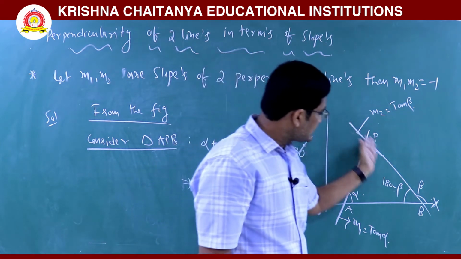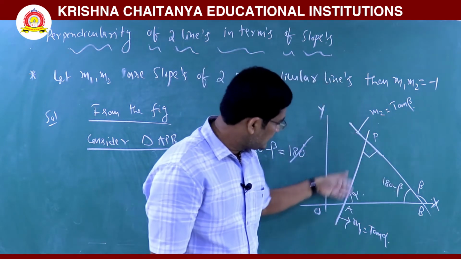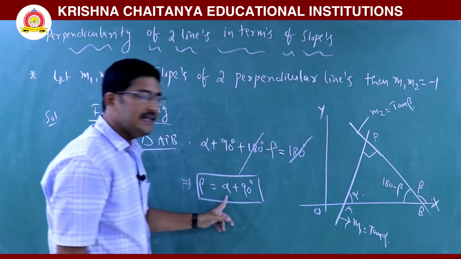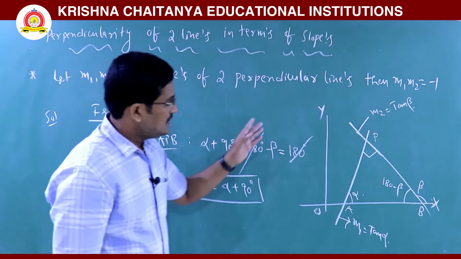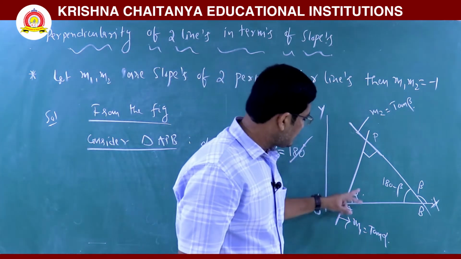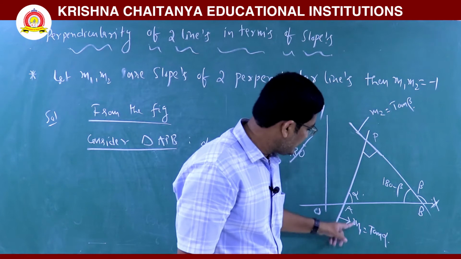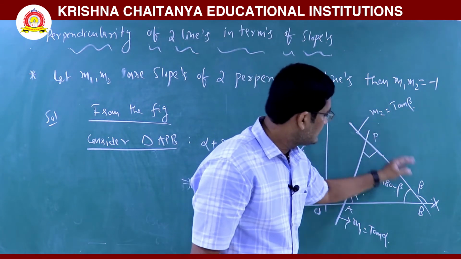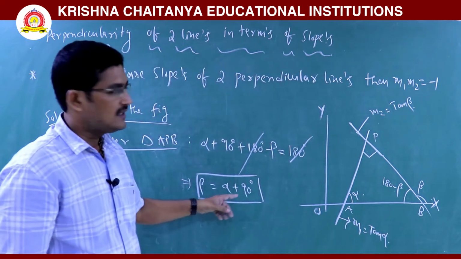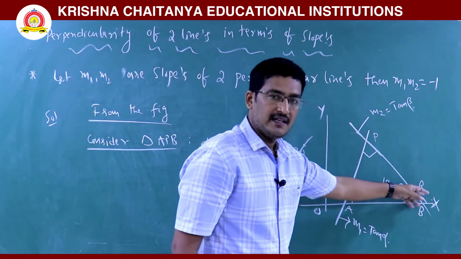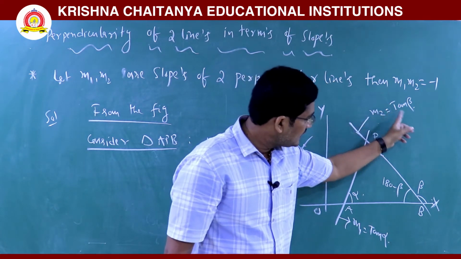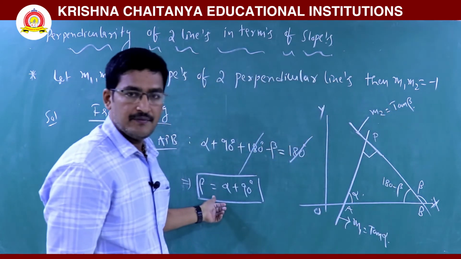The line perpendicular to this one has inclination, in terms of alpha, of 90 plus alpha. The line having inclination alpha has slope m1 equal to tan alpha. This line has inclination 90 plus alpha, so its slope m2 is equal to tan of 90 plus alpha.